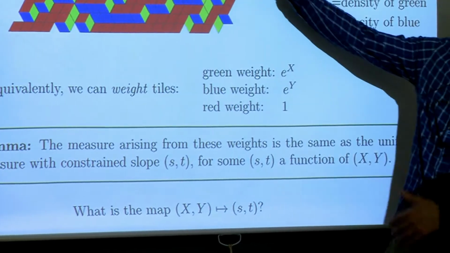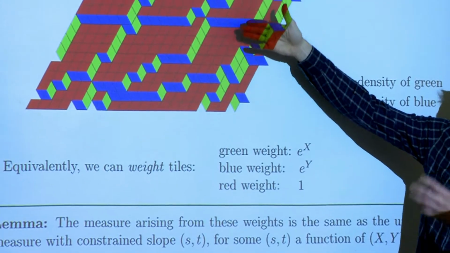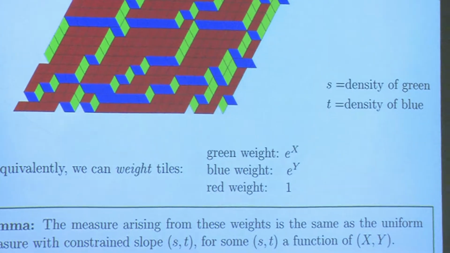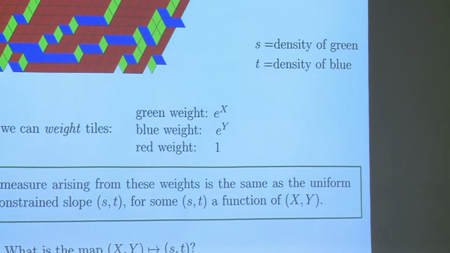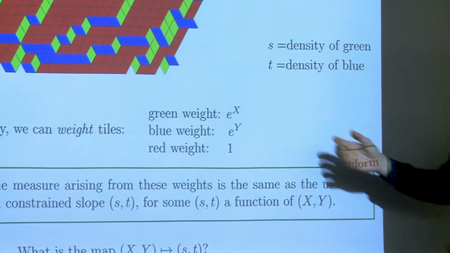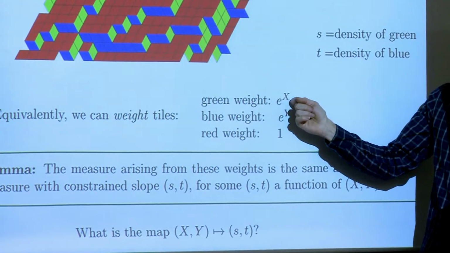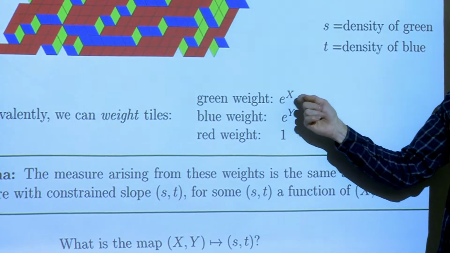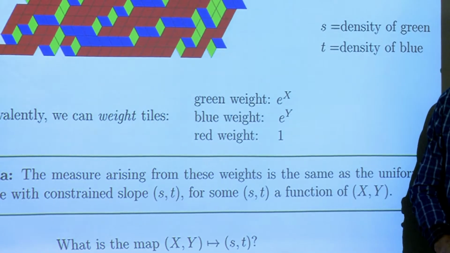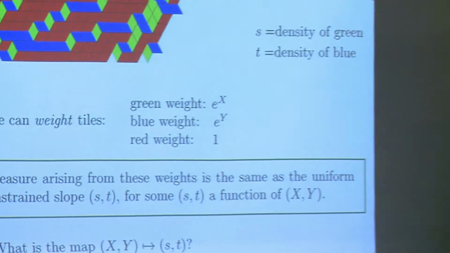If red tiles have a large weight, then that configuration will have a higher probability. The probability is going to be proportional to the product of the weights of the tiles.